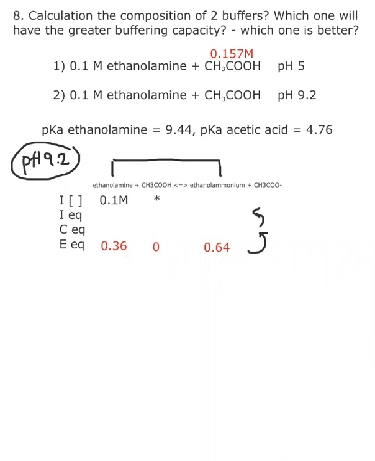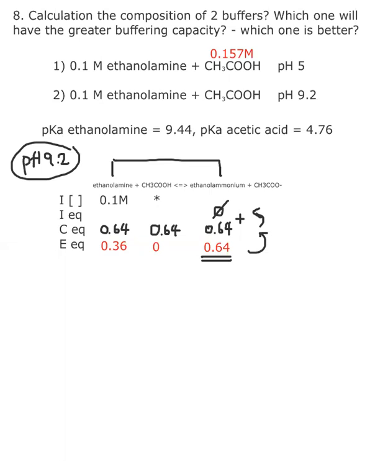So since we begin with ethanolamine, and 0 of ethanolammonium, it means that the amount that has been formed is actually all of the amount that has been changed, right? So this 0.64 here would apply to every chemical because there's only 1-to-1 equivalence across the reaction here.